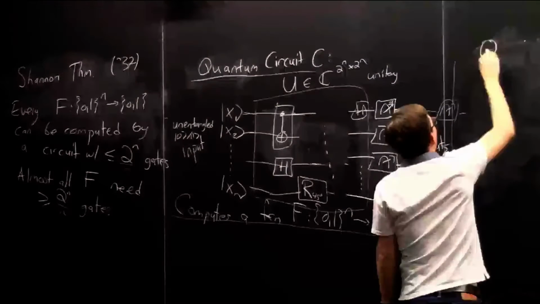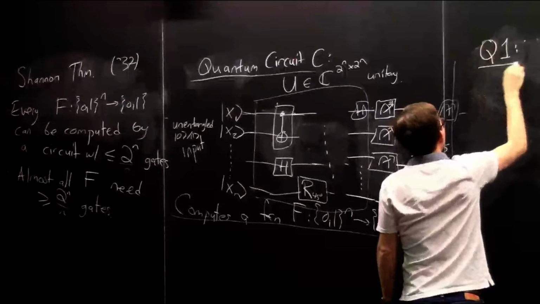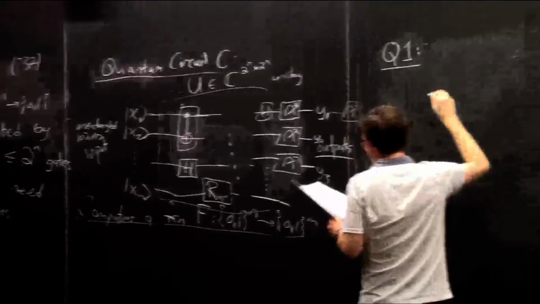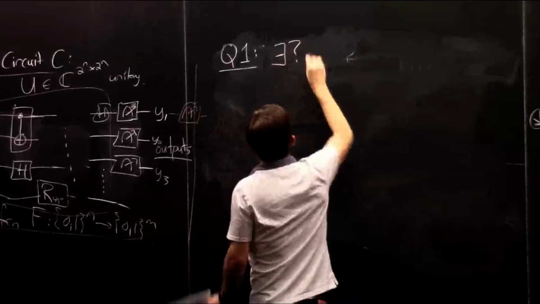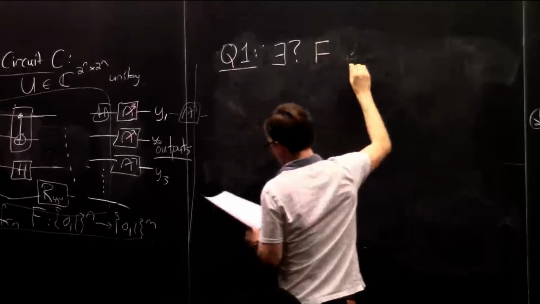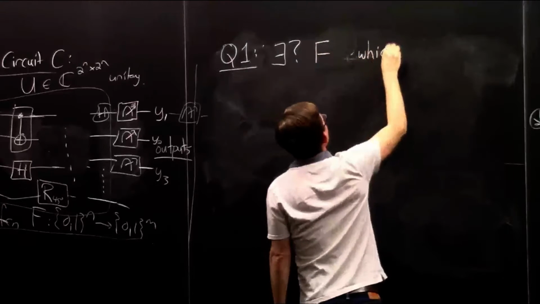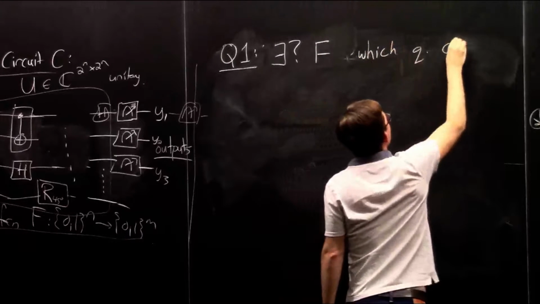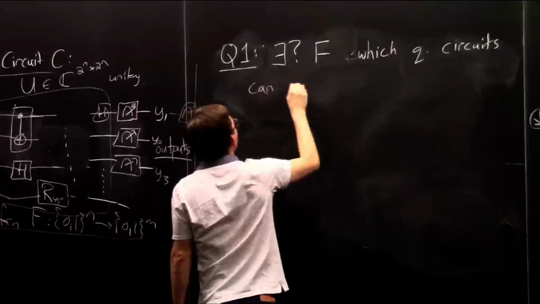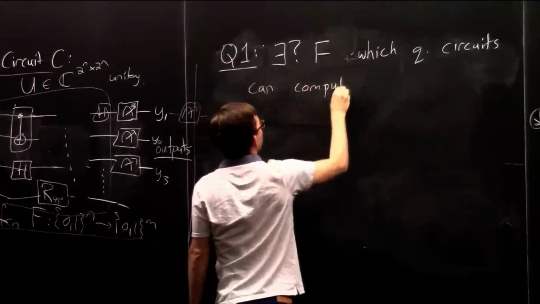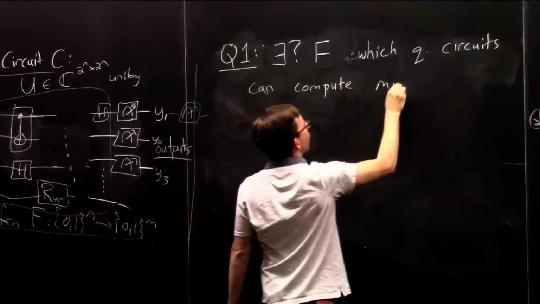Okay, so that's the model of quantum computing. There we have it. And now we're going to ask some important questions. The biggest question on everybody's mind is, are there some Boolean functions f which quantum computers or circuits can compute much more efficiently than classical ones?